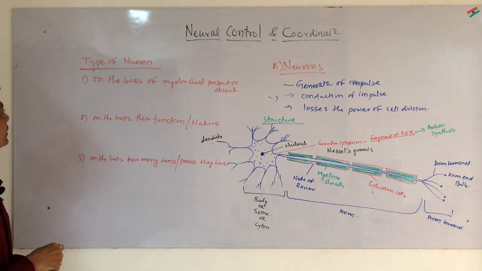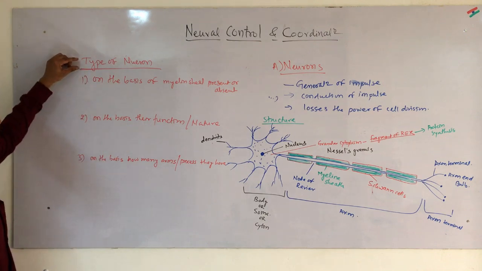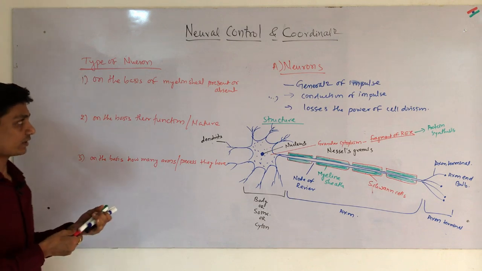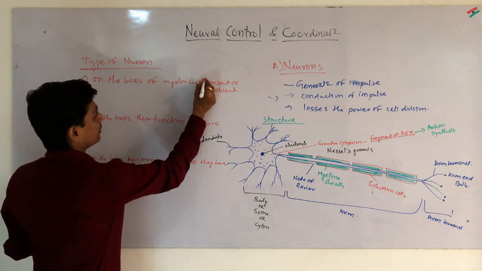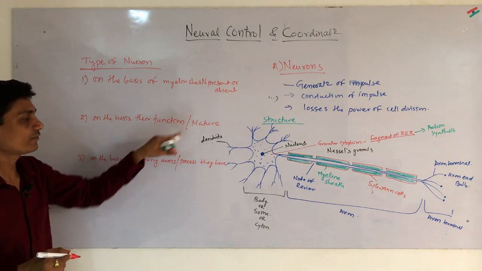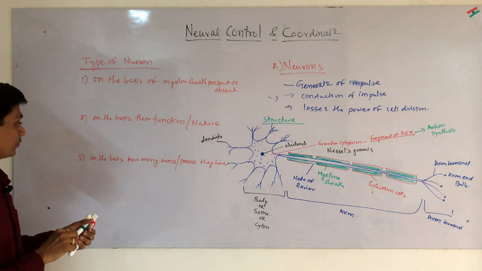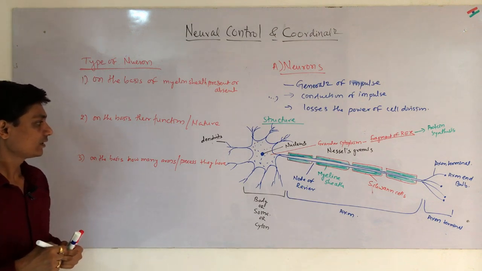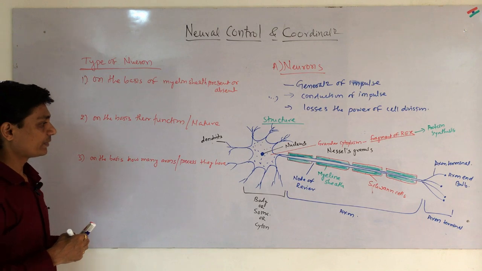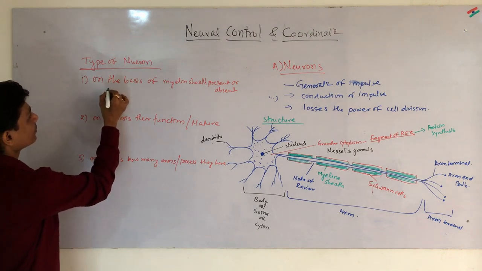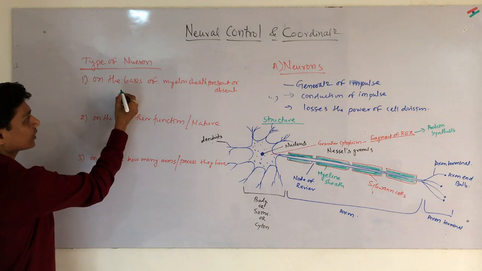So classification is like this. First, on the basis of myelin sheath present or absent. Second, on the basis of their function or the nature of that neuron. And third, on the basis of how many arms or processes present on it. Okay, first we will see this on the basis of myelin sheath present or absent.